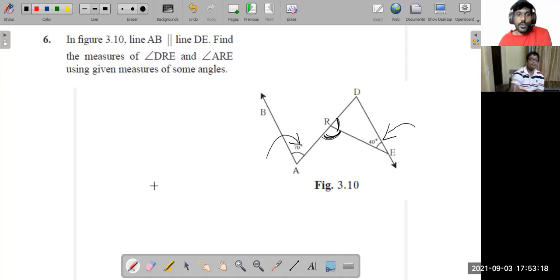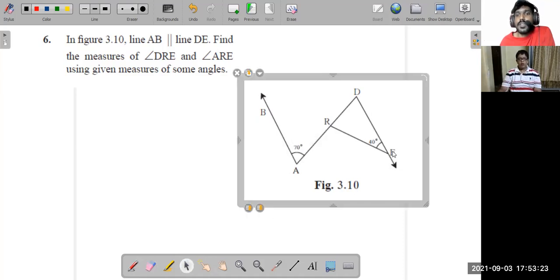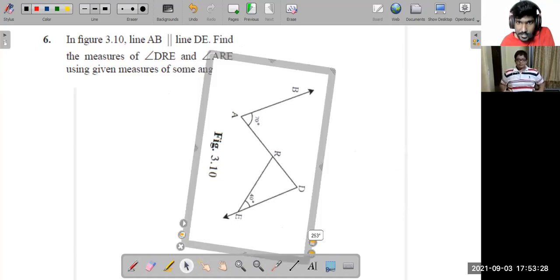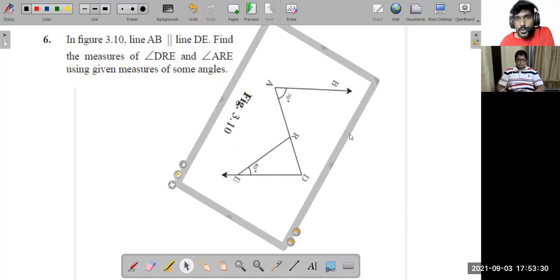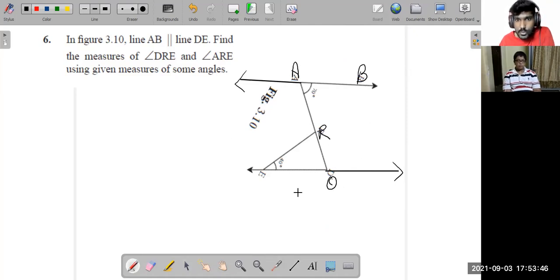Okay. Now here we need to use the transversal property. For better understanding, I'll just tilt this. Okay. So now I'll just extend this. There's no need to do all this, I'm just doing it for you to understand. So you see now, this is A, this is B, this is R, this is Q, this is E. This is 70 degrees, this is 40 degrees.